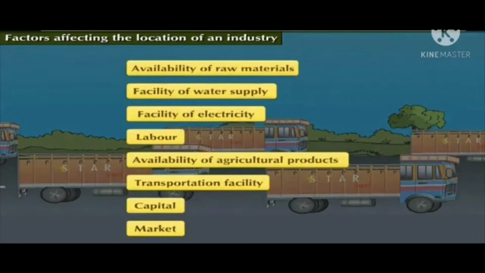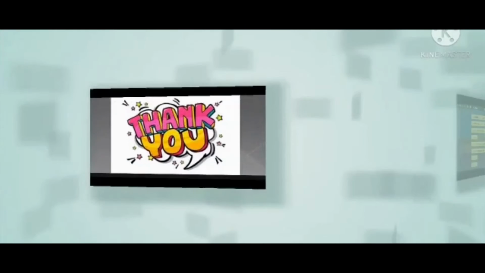In some regions are suitable for the development of industries, while in other regions only particular industries develop. Dense forest and desert areas are not conducive to industrial development. So these are the factors affecting the location of an industries.